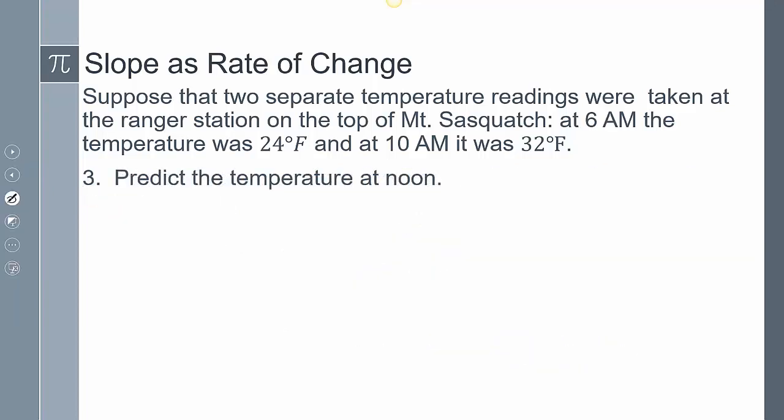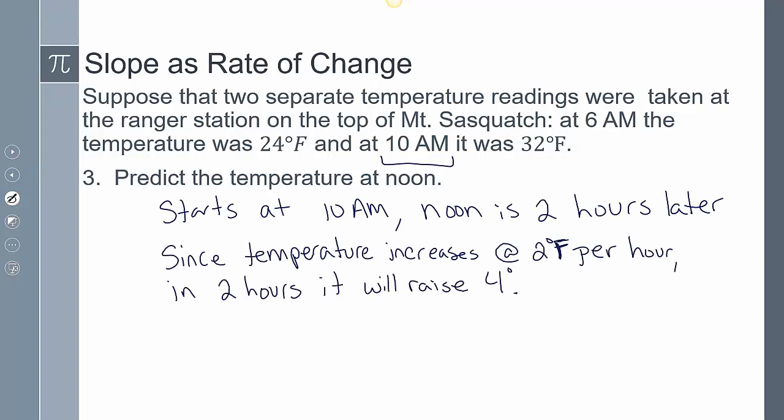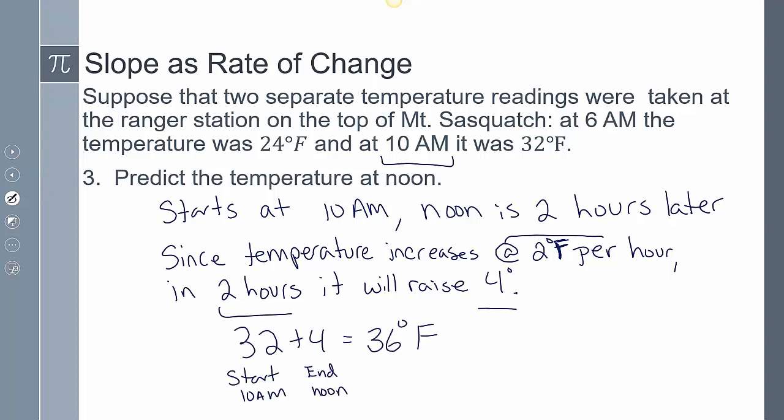Predict the temperature at noon. Well, if it's going at this current trend, noon is 2 more hours from now. And so in 2 hours it's going to increase by 4, and so 32 plus 4 is going to be 36 degrees Fahrenheit. And so just by that slope, I was able to predict the future of how it was going to be.